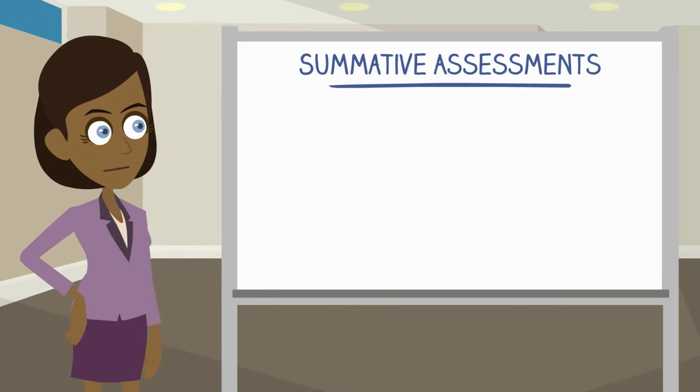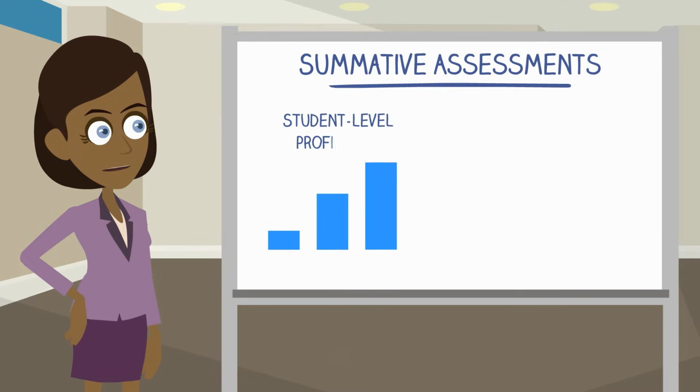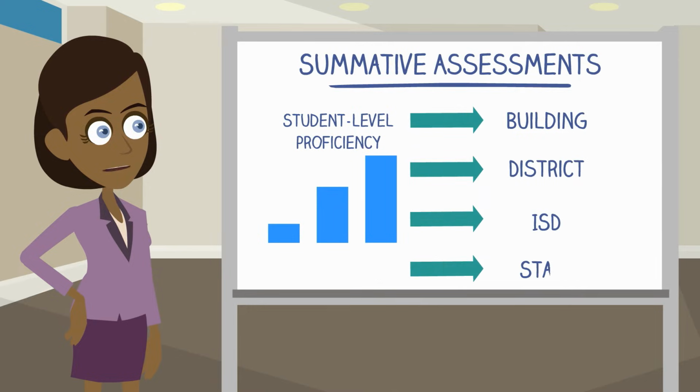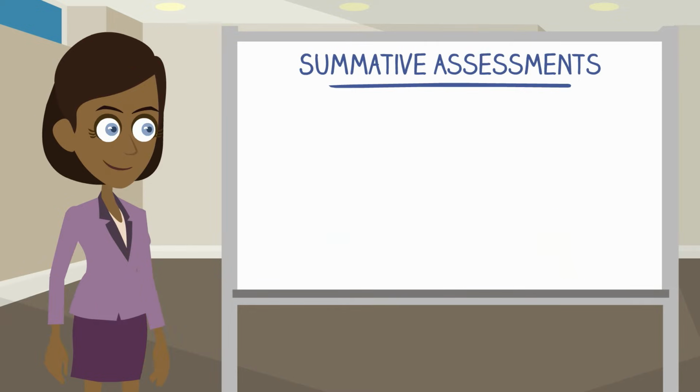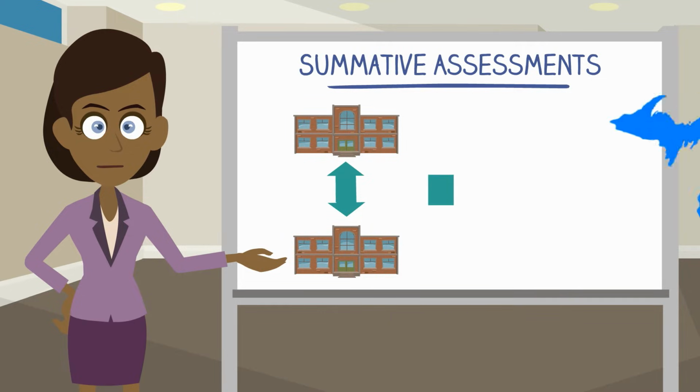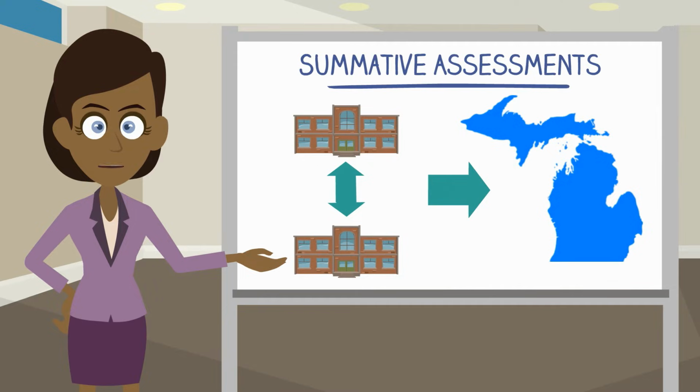Standard information obtained from state summative assessments includes student-level proficiency, which can be aggregated to the building, district, ISD, and state levels, as well as subgroup achievement. Buildings and districts can also compare themselves to other buildings and districts across the state and to overall state performance. Summative assessment results can be used to make district-level decisions on programming.